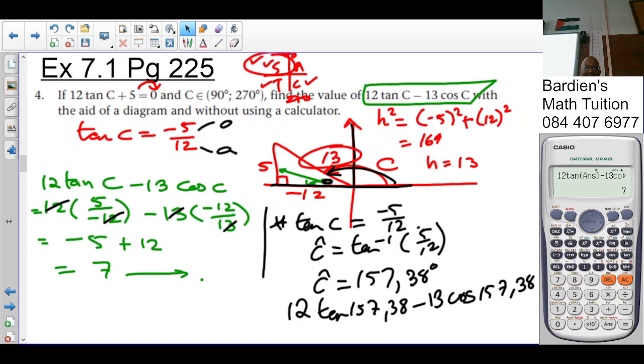People, now we're looking at trigonometric identities.